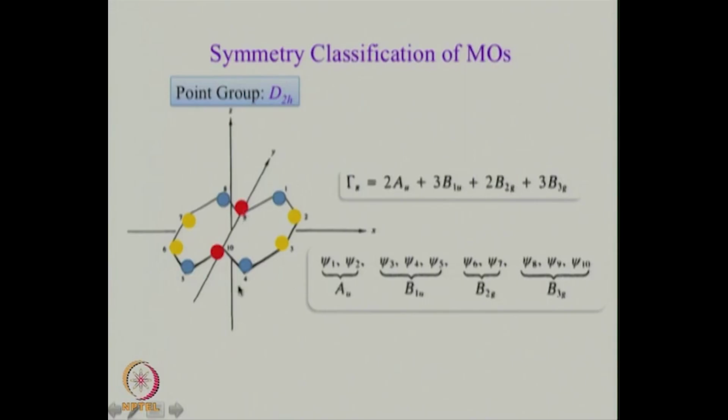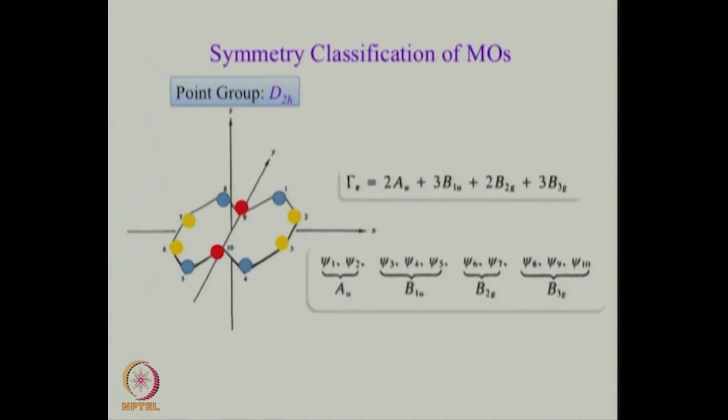Inversion, same thing, P9 and minus P10. When I apply C2y, C2 with respect to y, what happens to P9 and P10? P9 becomes minus P9, P10 becomes minus P10.